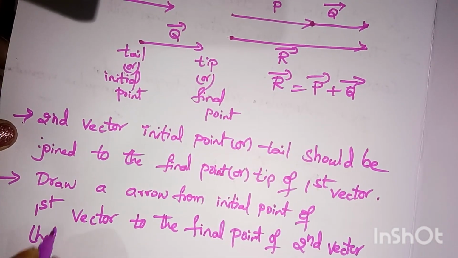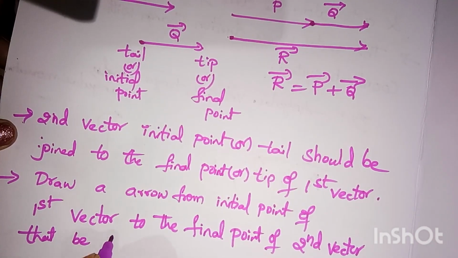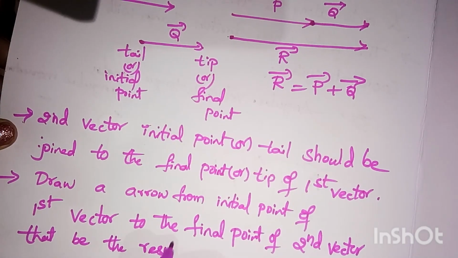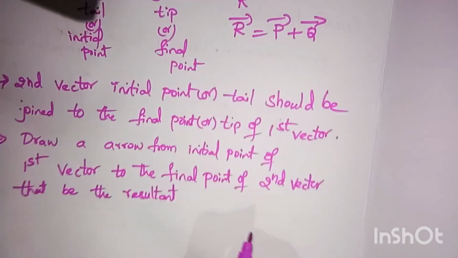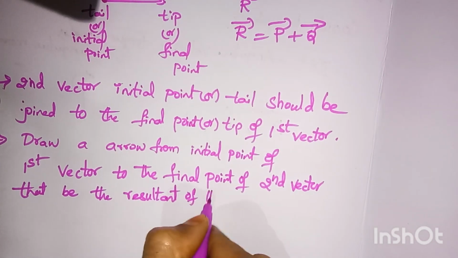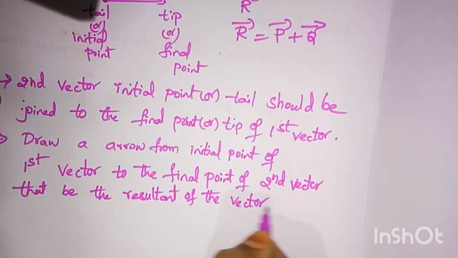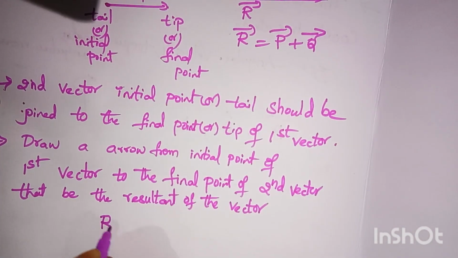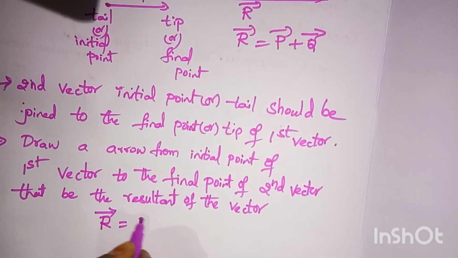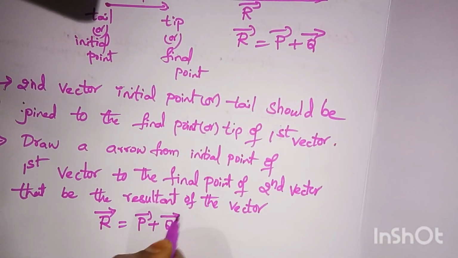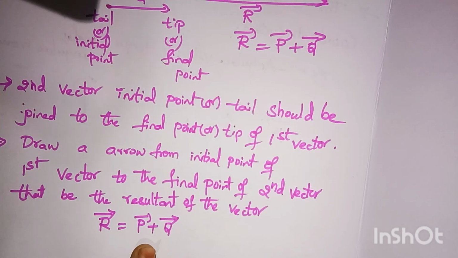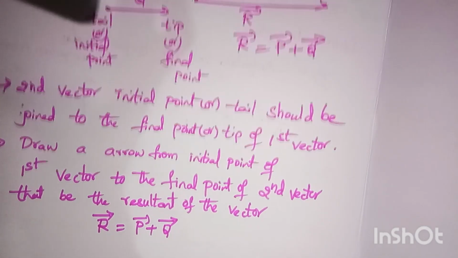That will be the resultant of the vectors. So the resultant vector is represented by capital R bar, that is equal to p bar plus q bar. This is the graphical method when two vectors are moving in the same direction.